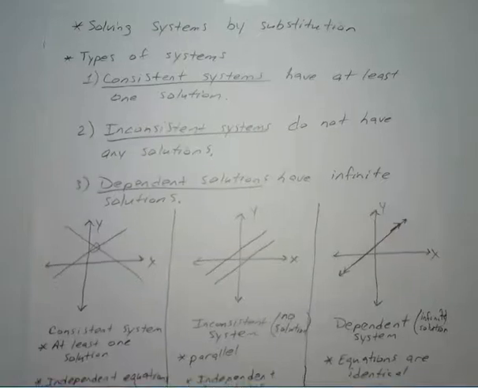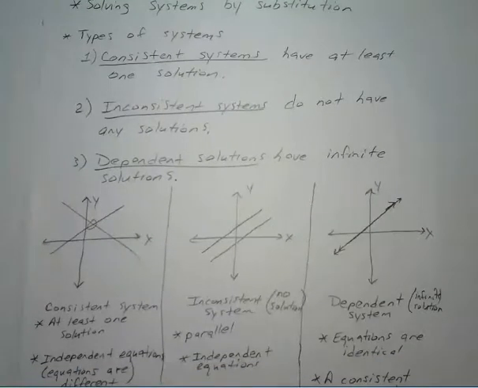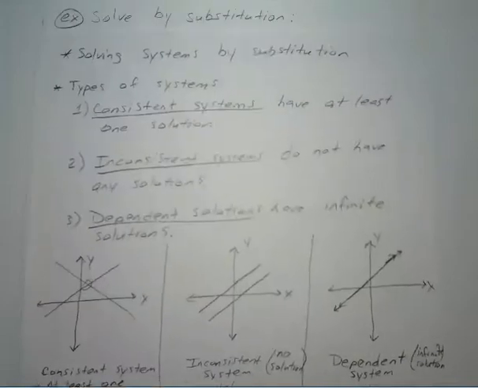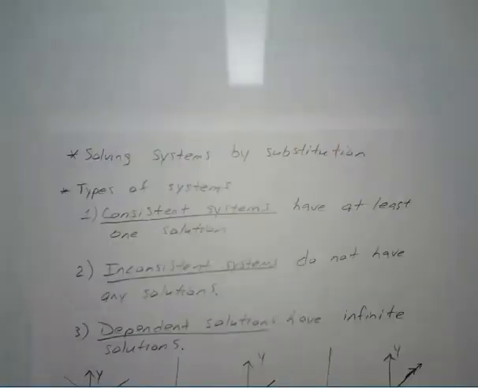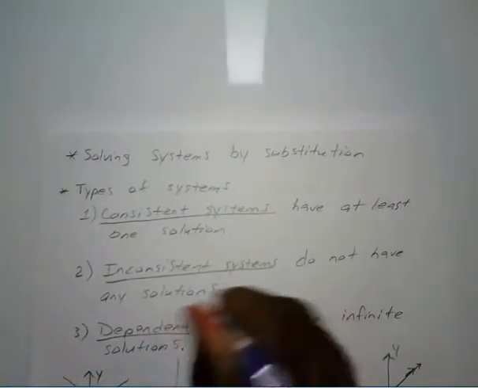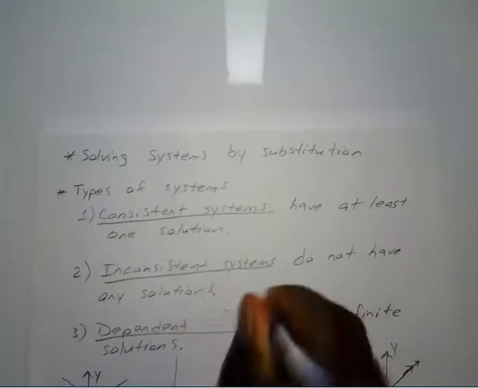Okay, and then the third would be your dependent system. That's where you have an infinite number of solutions. Instead of dependent solutions, say dependent systems. Let me correct that. Dependent systems.